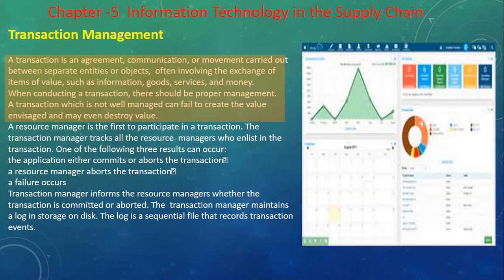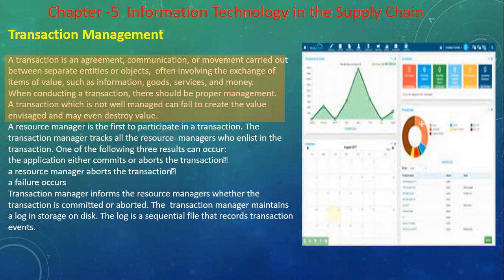A transaction which is not well managed can fail to create value and may even destroy value. For example, you receive an order from a customer, but you have not recorded this order in the system.